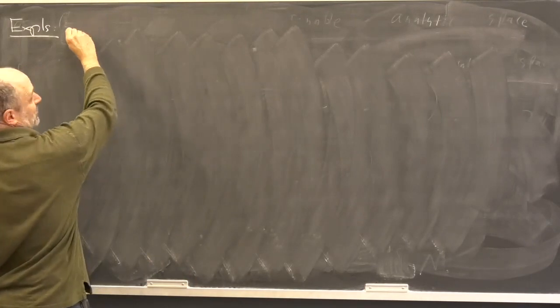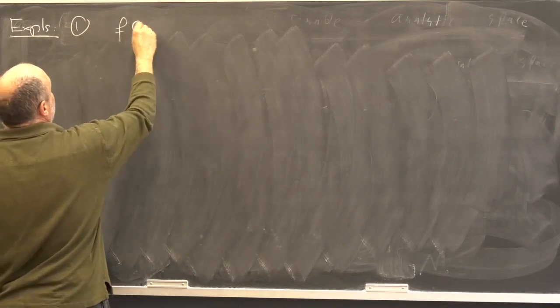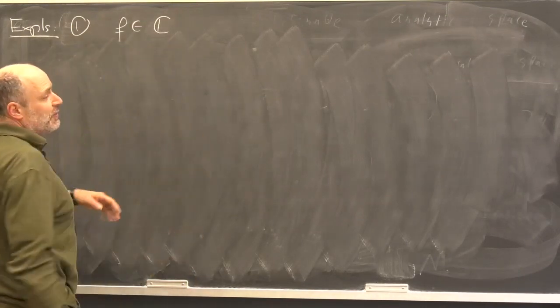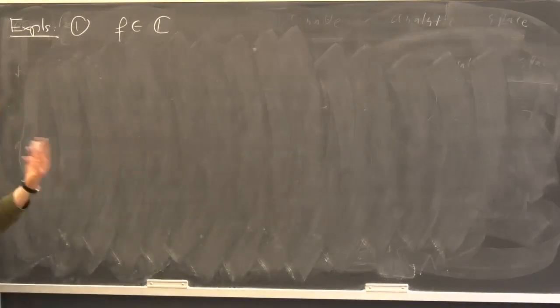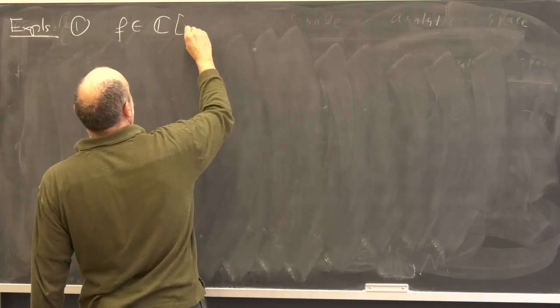So just to explain a little bit, take a polynomial. It can even have complex coefficients for this particular thing.